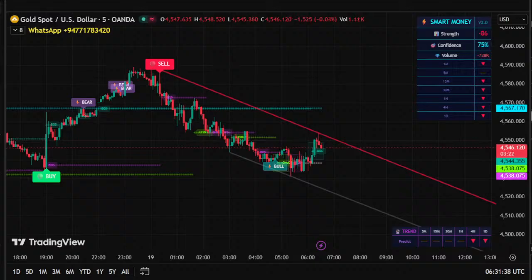Political stability and economic performance are also critical factors. Political events, such as elections, government policies, and geopolitical tensions, can significantly impact currency values. A stable political environment generally favors a currency, whereas instability can lead to depreciation.